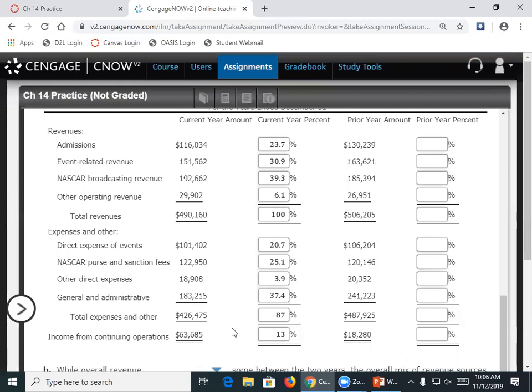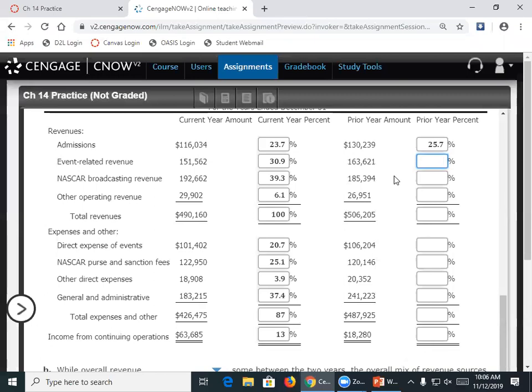And then in the second column, you're doing the same thing on the previous year. So everything in your second column, or prior year, gets divided by 506,205. Okay. So for admissions, 130,239 divided by 506,205 is 25.7%.